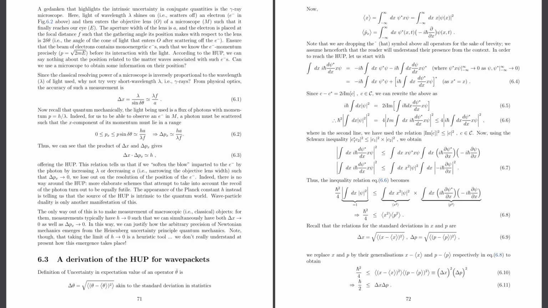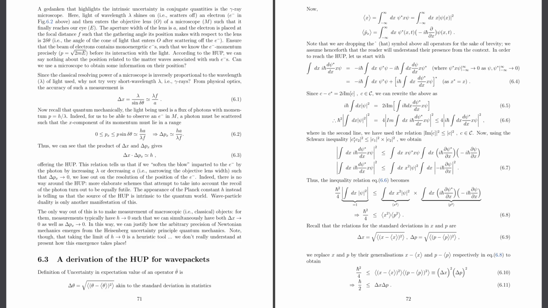You know how to do this. For the sake of brevity, henceforth, if I'm cavalier and I drop these hats, please understand that I'm talking about the operators. You should know from the context when I'm talking about an operator and when I'm talking about an eigenvalue. Learn to spot this, because always keeping a hat becomes very painful after a while.